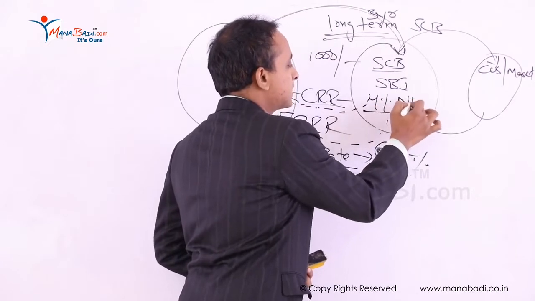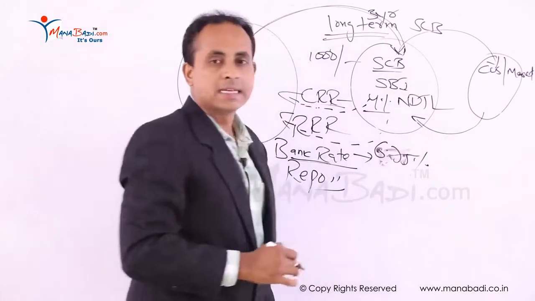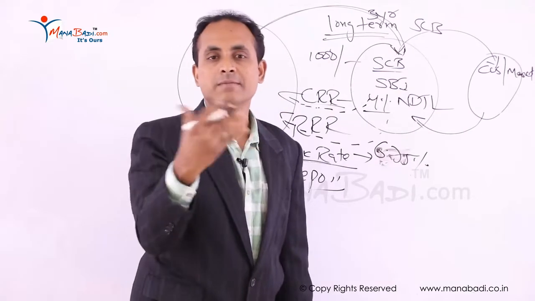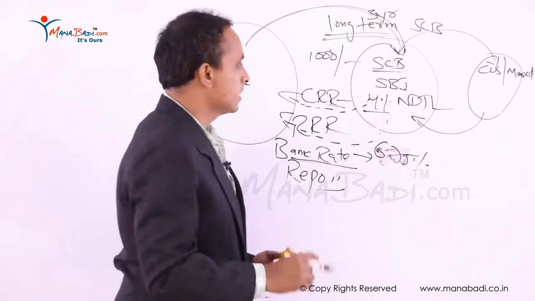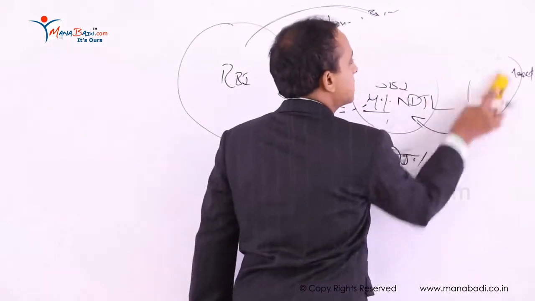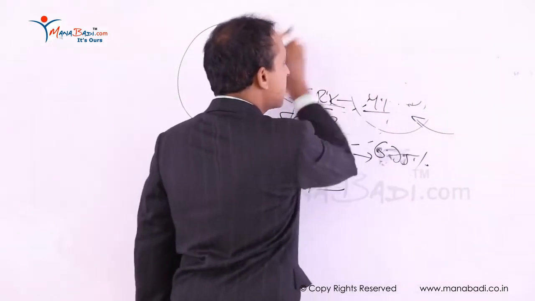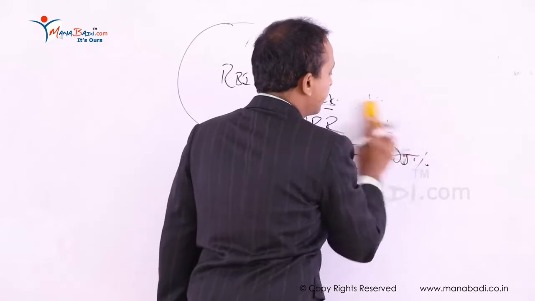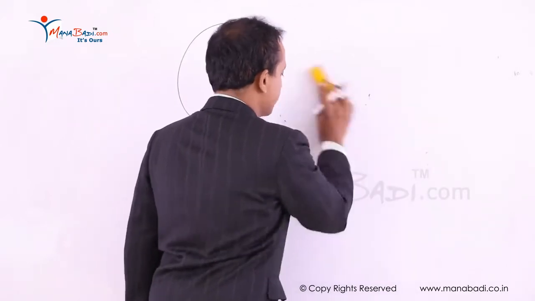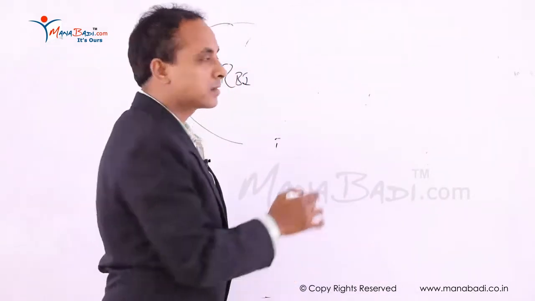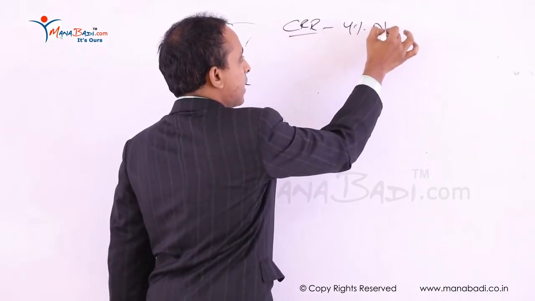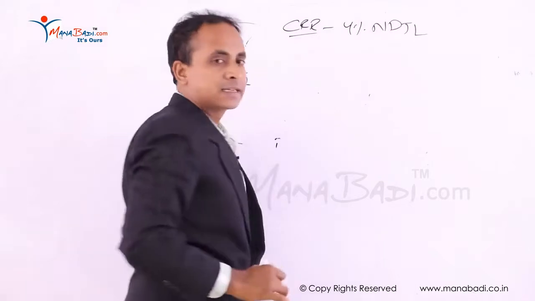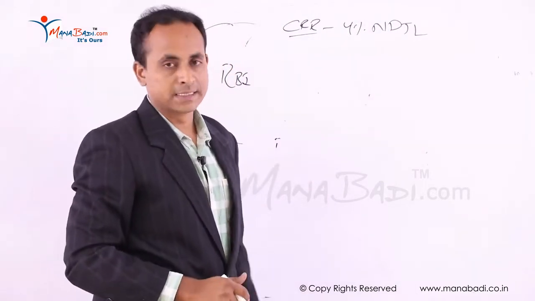It is 4% of NDTL, net demand time liabilities. Here you need a little understanding of what is a liability and what is an asset for a bank. We will look at that. So CRR, cash reserve ratio, is 4% of NDTL, net demand time liabilities.